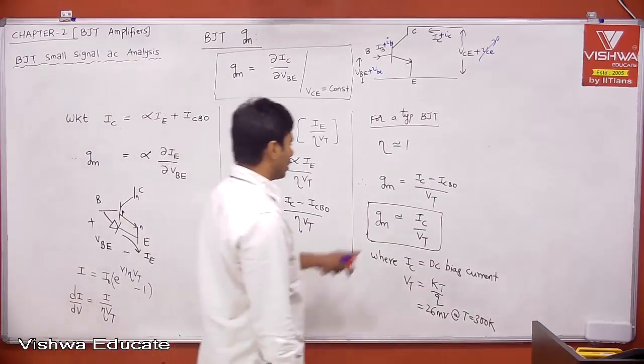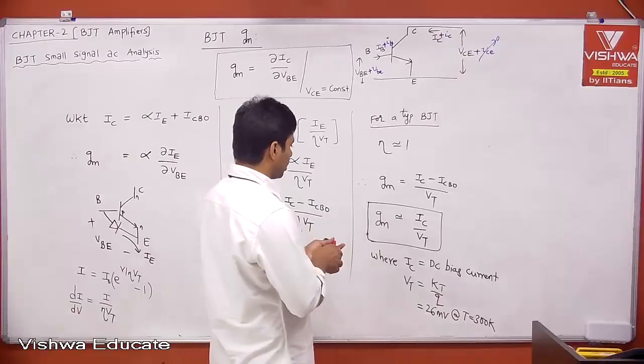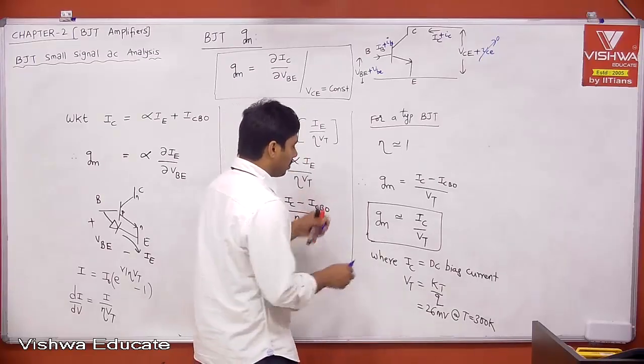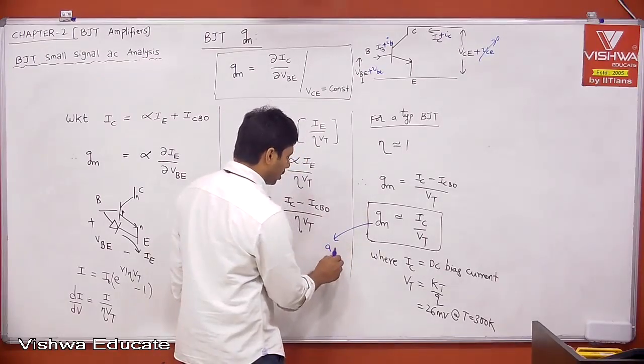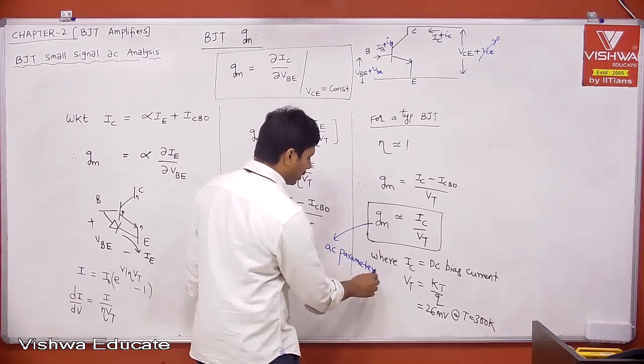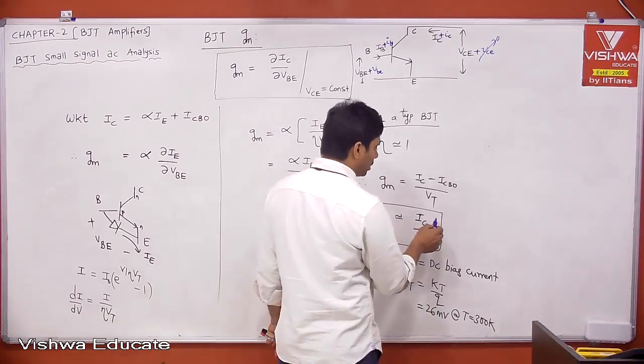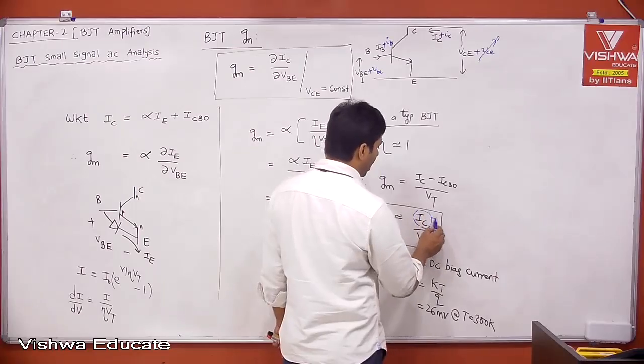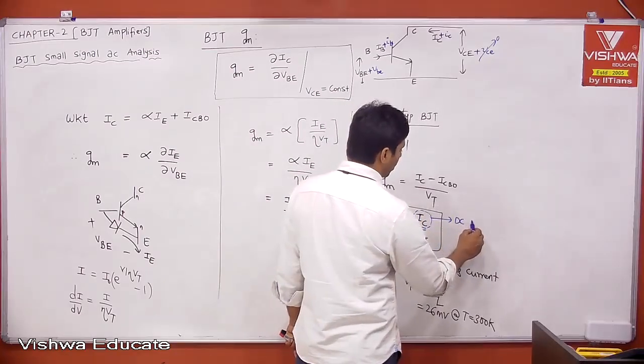Okay, then what I want to say here is, your GM is an AC parameter. Therefore, indirectly your AC parameter is depending on a DC quantity. This is your bias quantity, DC quantity.